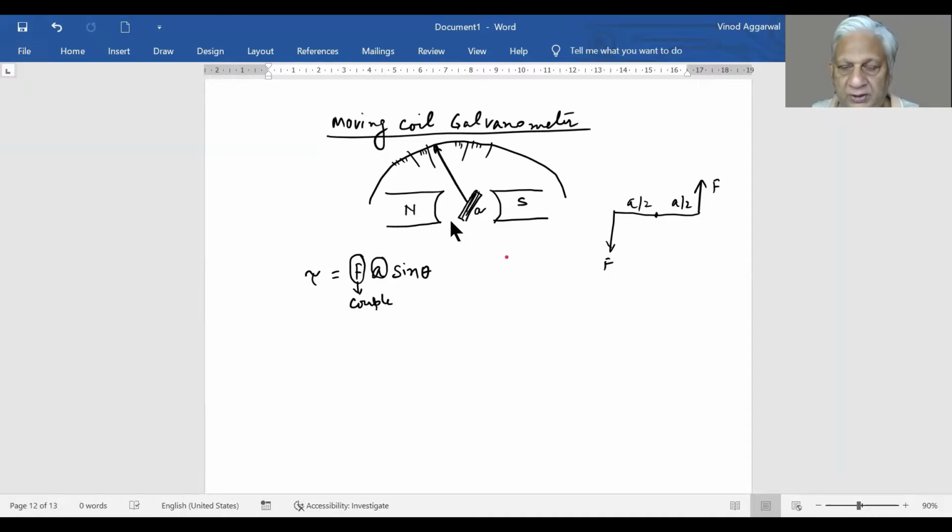now instead of showing it like this, let us say the coil turns slightly.